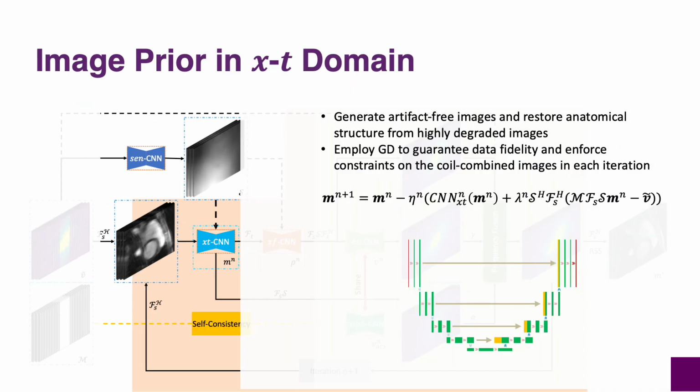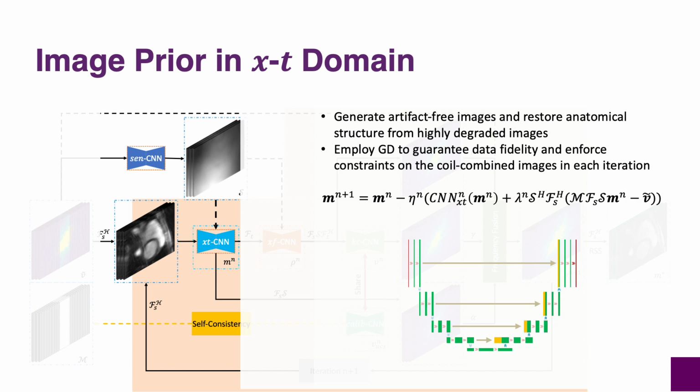We begin by leveraging the spatial-temporal correlations present in the coil-combined image sequence in the x-t domain during each iteration. This is achieved by learning a data-adaptive image prior from the training data.